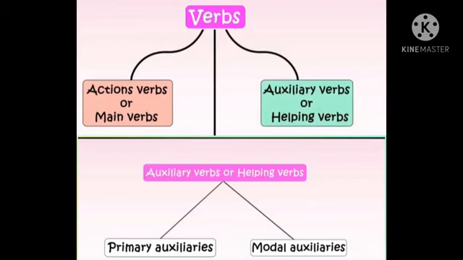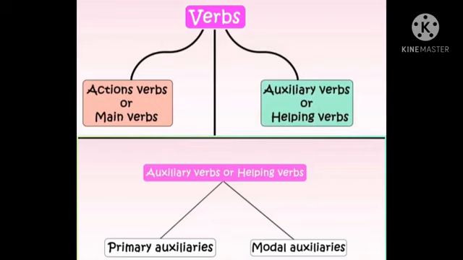The main verb is playing and the supporting verb or the helping verb is 'is'. It is giving support to the main verb and it is also showing that it is in present continuous tense. So these are the two categories of verbs on the basis of their role played. And now I will explain about auxiliary verbs in detail.